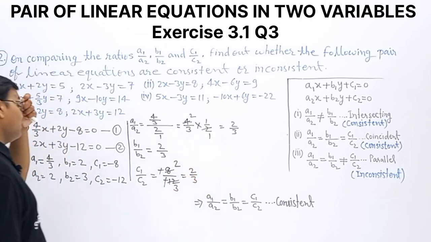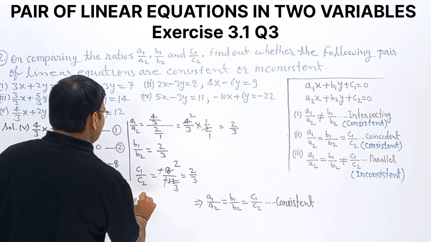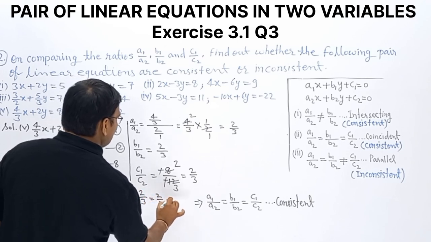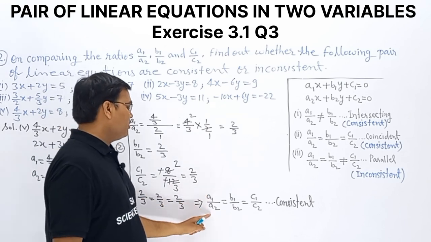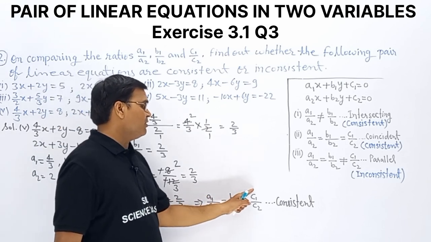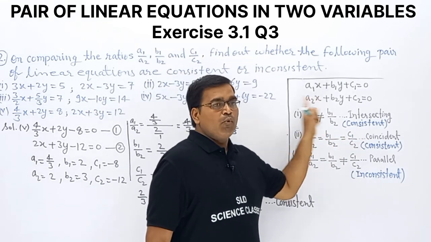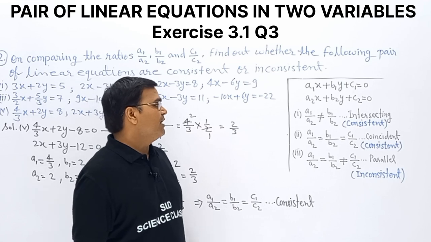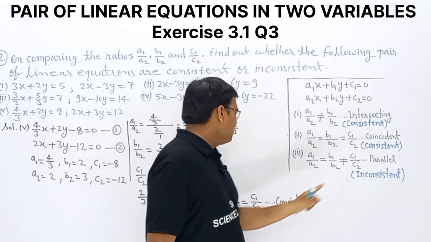So in this question also we are getting all ratios equal. So what can we say? 2 upon 3 equal to 2 upon 3 equal to 2 upon 3, and finally A1 upon A2 equal to B1 upon B2 equal to C1 upon C2. We get that both linear equations are coincident, and that time the pair of linear equations is consistent.